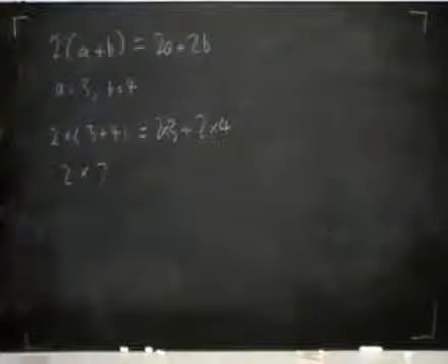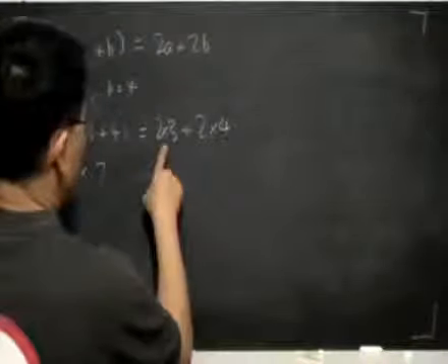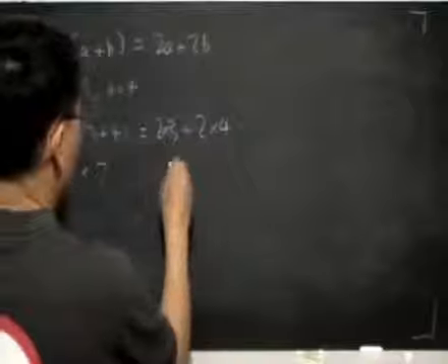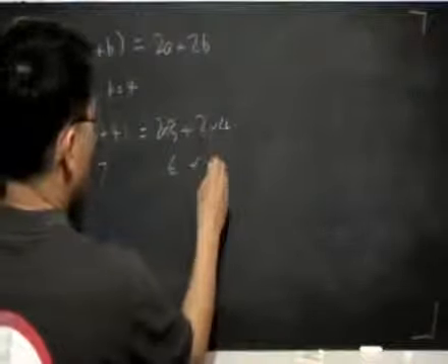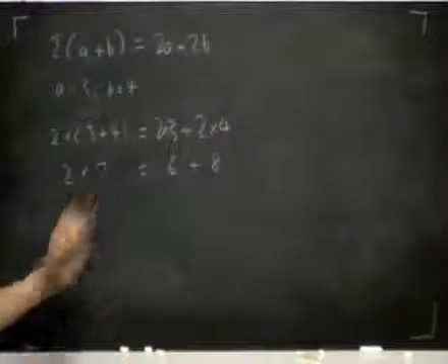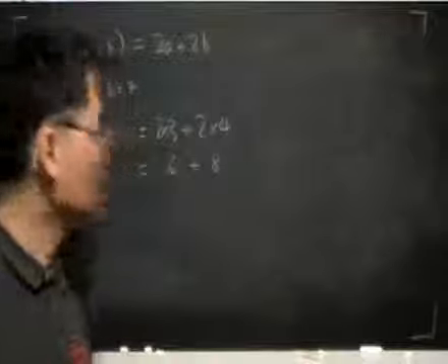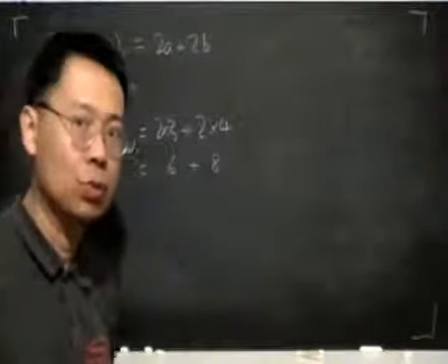We have 2 times 7 on the left hand side. On the right hand side, we have 2 times 3, which is 6, plus 2 times 4, which is 8. And 2 times 7 is indeed equal to 6 plus 8. Both of them are equal to 14.